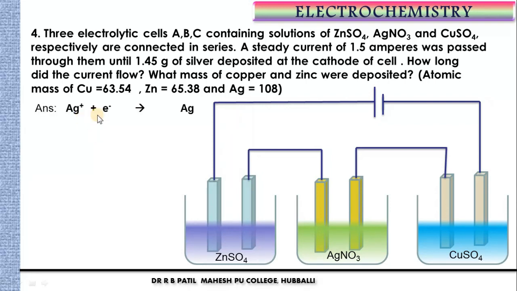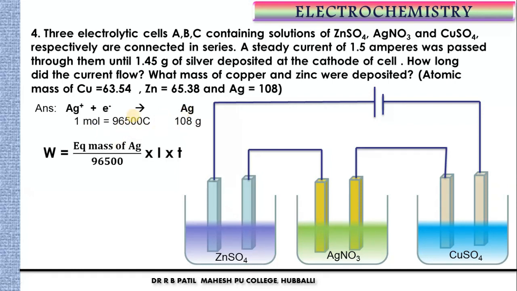Silver they given, Ag+ takes 1 electron to convert to Ag. So 1 electron means 1 mole of electrons, 96,500 coulombs, that deposit 108 grams of silver. You can use the formula W is equal to equivalent mass of silver divided by 96,500 coulombs into I into t. Equivalent mass of silver is 108 only, because its charge is +1.